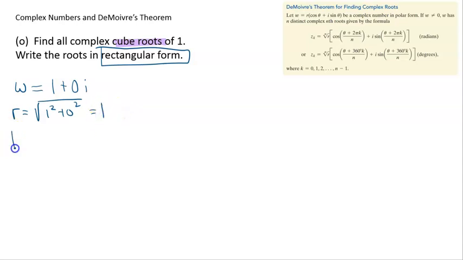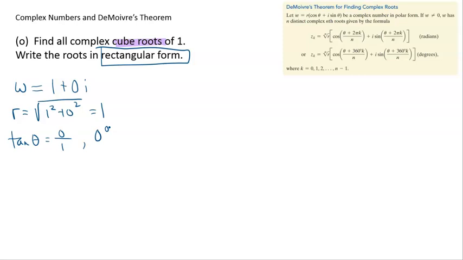I also have to find the argument. Tangent of theta is equal to the b value, which is 0, over the a value, which is 1. Now, where is tangent of theta equal to 0? That's 0 degrees or 0 radians. Anywhere else? How about pi?